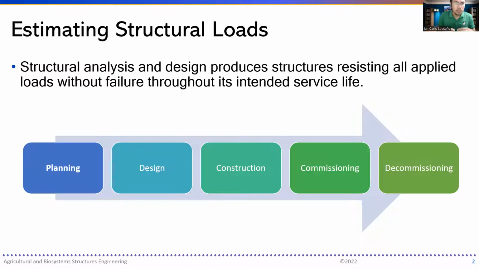In the course of AB structures engineering, this will be focused on the front end, because it is a requirement of the course for the student to develop a 7-sheet building plan that comprises particularly the planning and design phase.